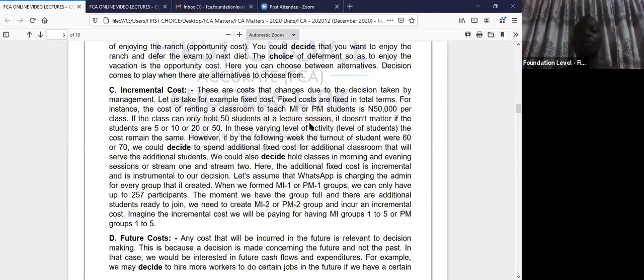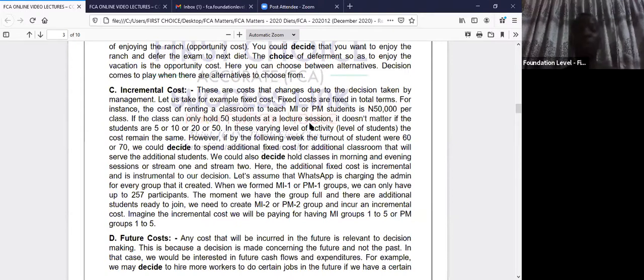Okay, we have just one student here in MI, and the fixed cost of subscribing to Zoom, let's just say, for example, is 6,000 naira. And Zoom can seat 100 students. We have one student now who will incur that cost, 6,000 naira.